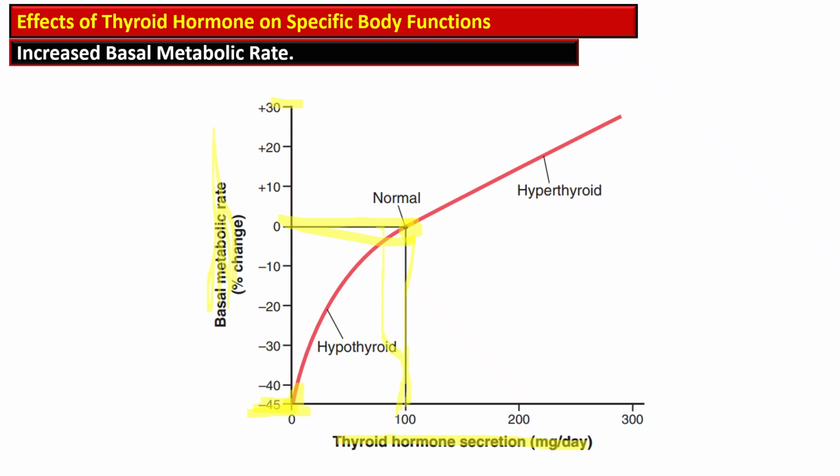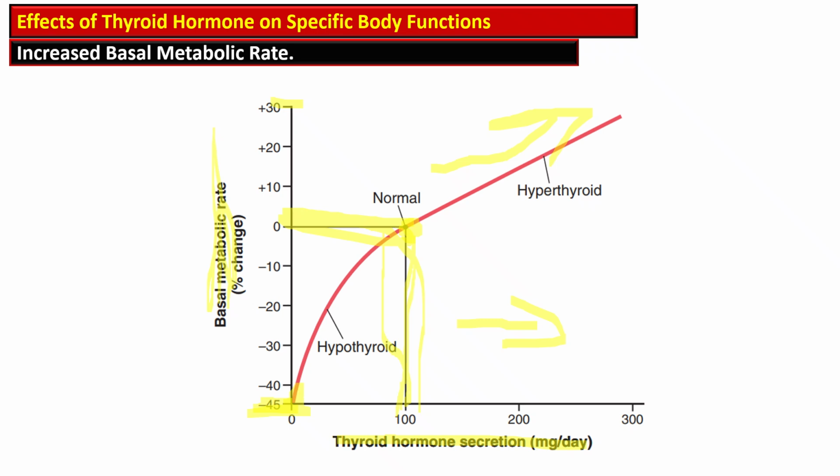This is 100% normal, and that is the normal baseline level. Beyond 100 milligram per day, as thyroid hormone secretion increases, there is progressive increase in the BMR, indicating hyperthyroid state.